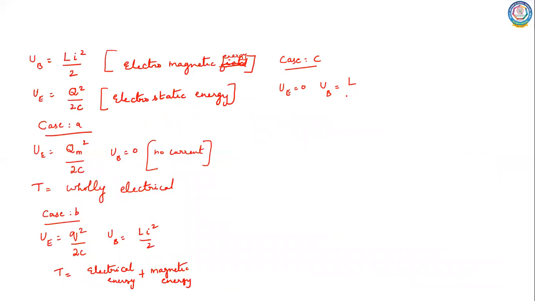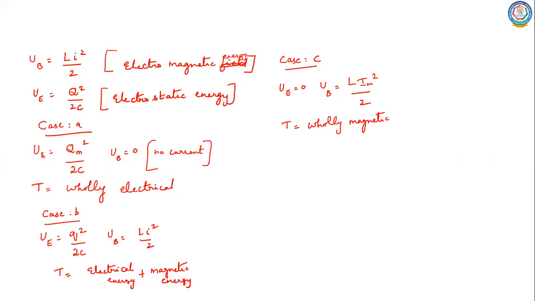So L i maximum square, divided by 2. So here you have maximum current flowing in the circuit. Now the total energy will be wholly magnetic. So this is case 3.